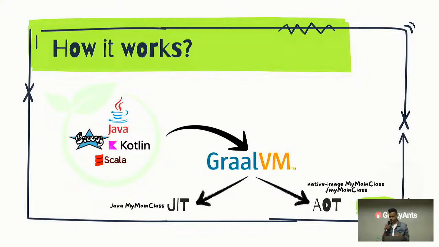JIT, as you all know, is the just-in-time compiler, which the JVM, like the Java HotSpot VM, uses. AOT is part of the GraalVM environment, and the full form of AOT is ahead-of-time compiler.